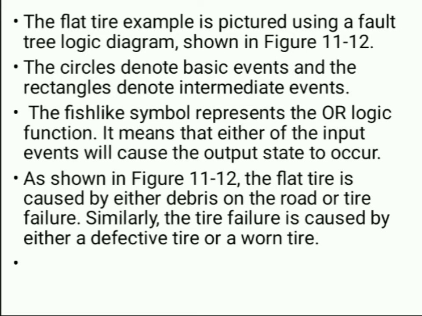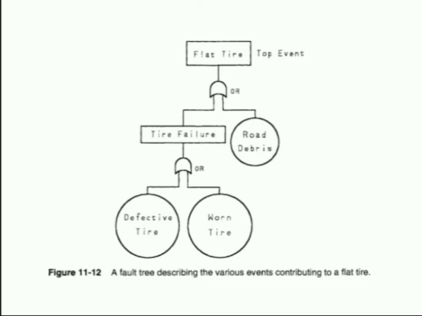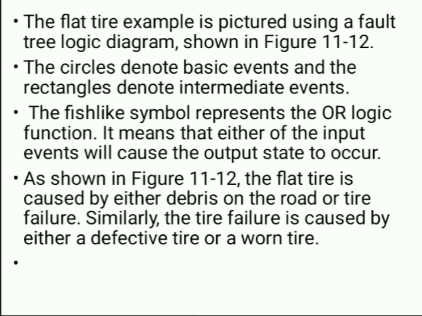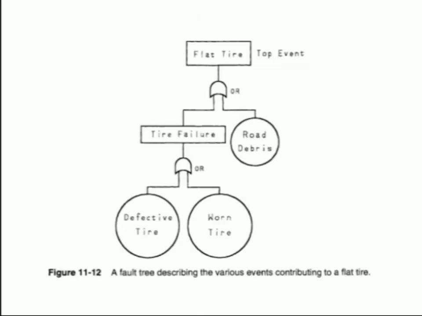In a fault tree, circles are generally drawn for basic events. The basic event here is driving on road debris. Rectangles denote intermediate events, so tire failure is the intermediate event, because there will be various causes for that tire failure.